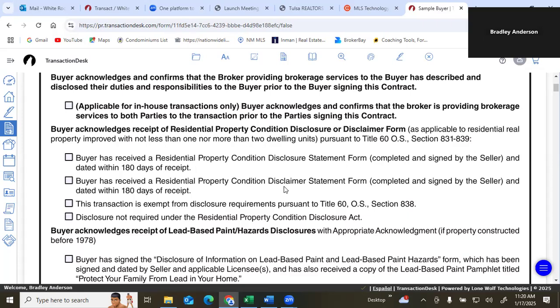Okay, so the options are buyer has received property condition disclosure statement form, buyer has received residential property condition disclaimer statement form, or the transaction might be exempt, right? Or disclosure not required under Residential Property Condition Disclosure Act. All right, so it is important that your buyer has received one of these items as mandated by any listing before you enter into this.